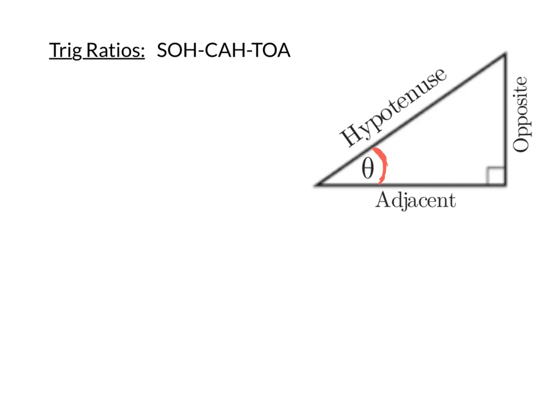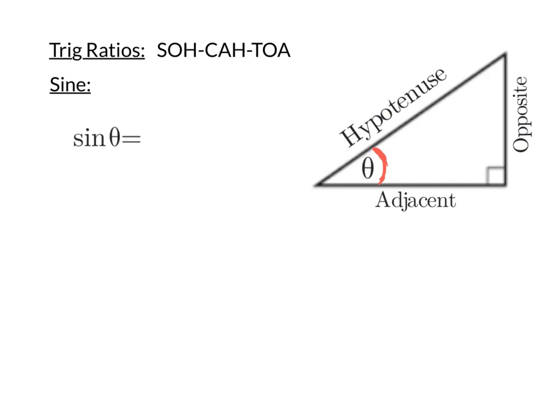Now, there are three basic trig ratios, and how we keep them straight in our head is with this word that you've seen at the top of the screen, SOHCAHTOA. That's what's going to help remind us about the three trig functions. The first one we have is sine, and we abbreviate sine S-I-N. And so this is read the sine of theta.